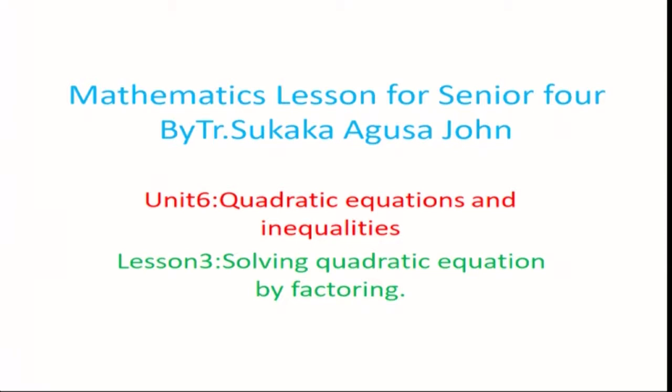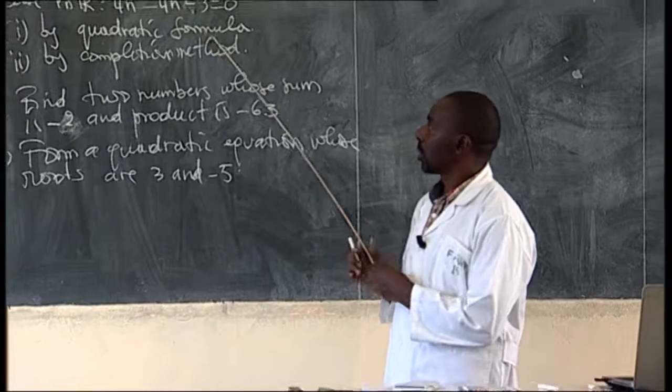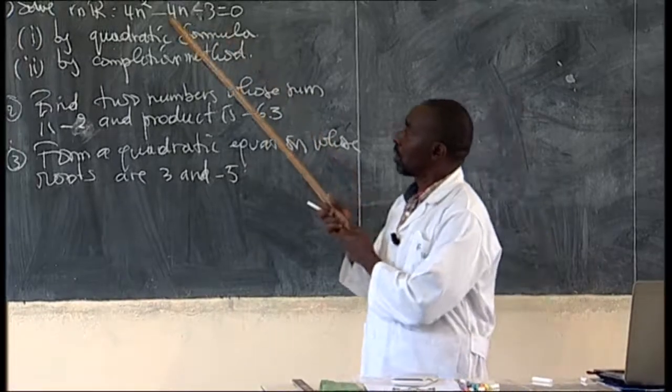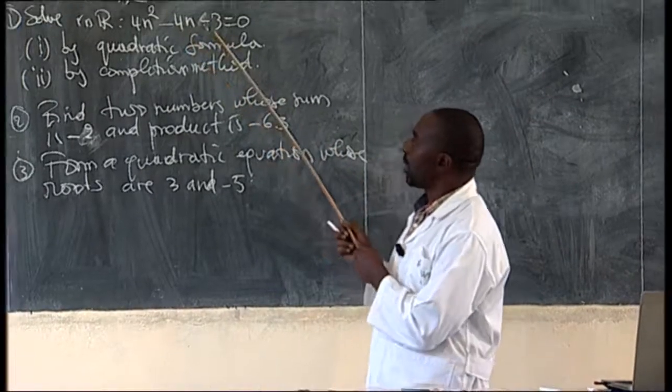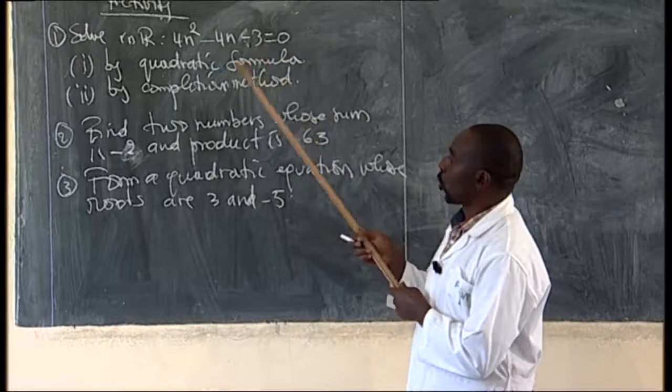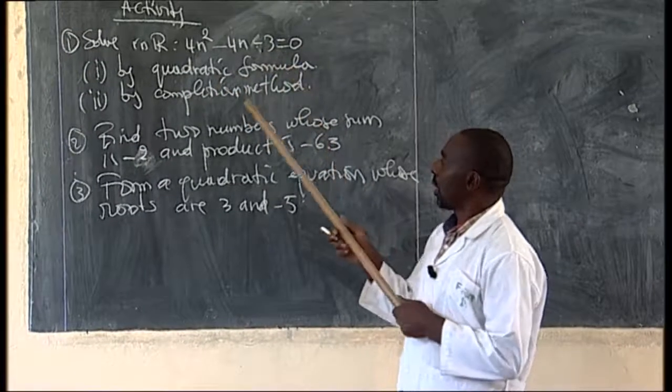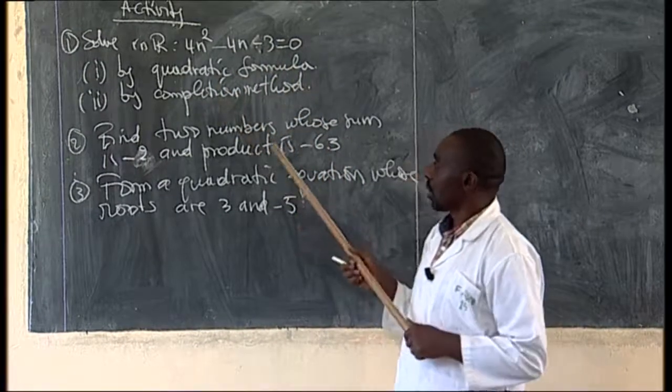But before that, let us verify if you really remember how to solve a quadratic equation using the completion method and the quadratic formula. Here you have an activity. You have a minute to solve this quadratic equation in n, using the quadratic formula and the completion method.